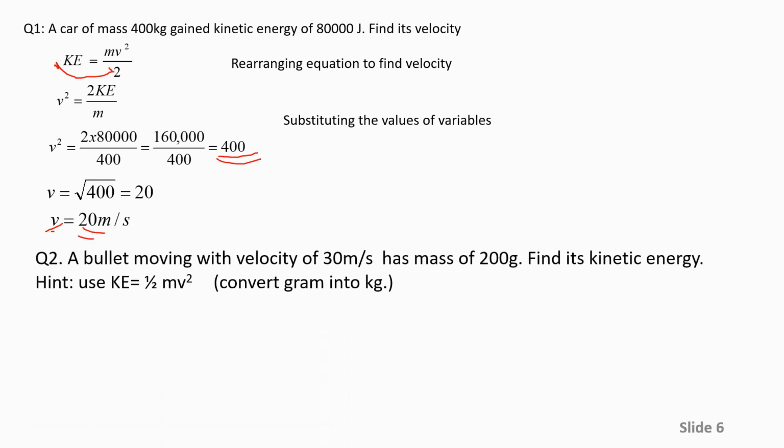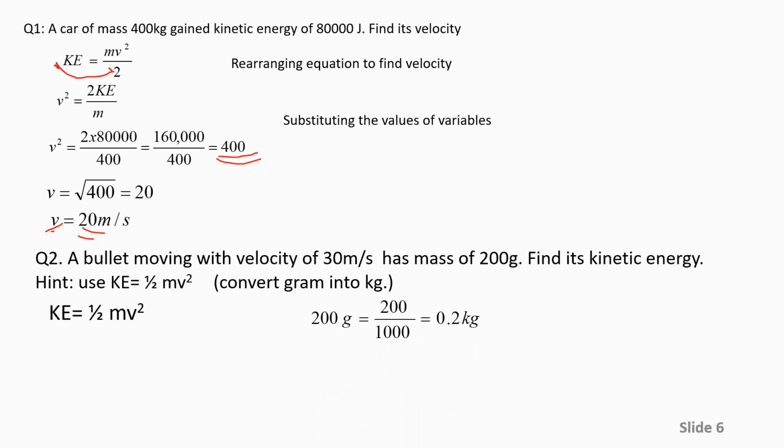And the next question is, a bullet moving with the velocity of 30 meter per second has a mass of 200 gram. Find its kinetic energy. This was also given to you last time as a practice question, and the hint is given there. Kinetic energy is half mv square, and we have 200 gram.